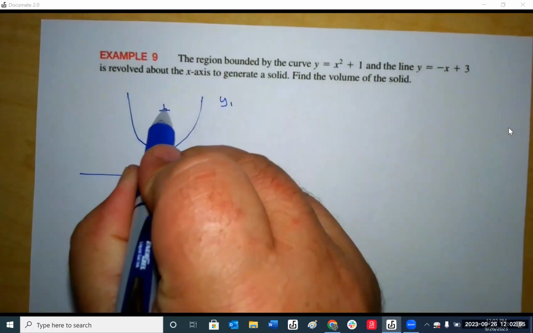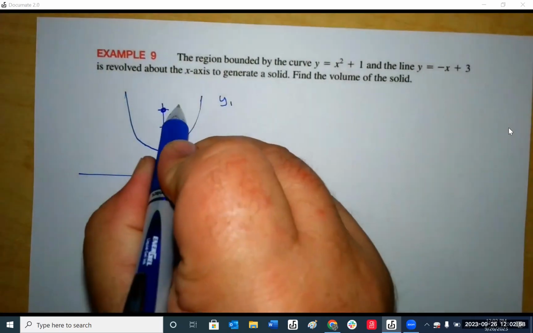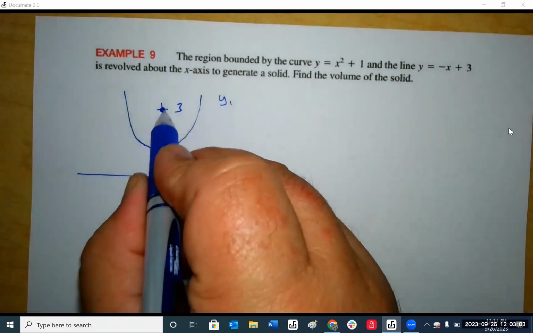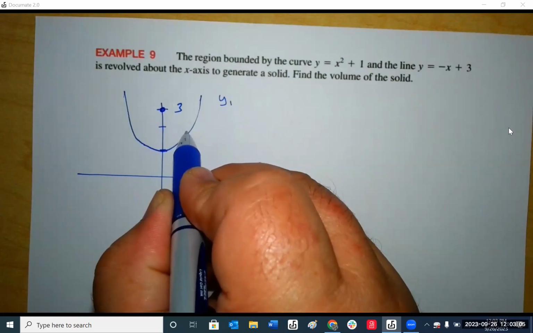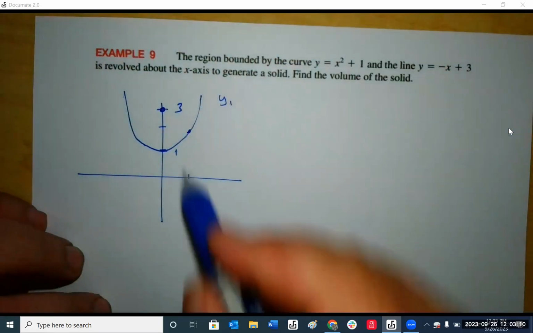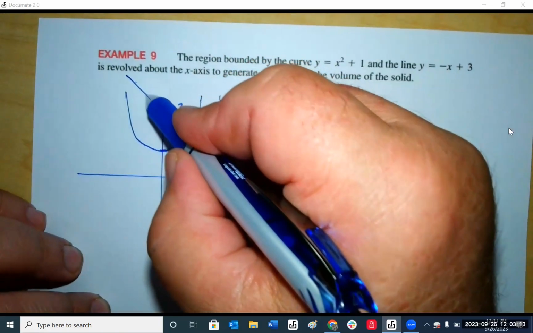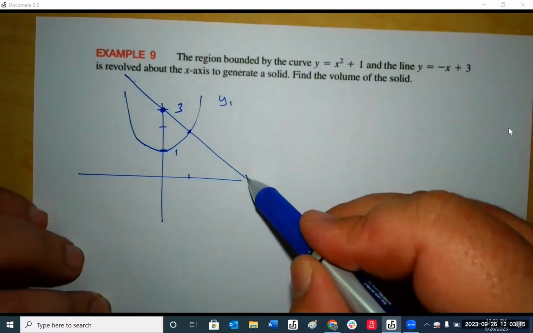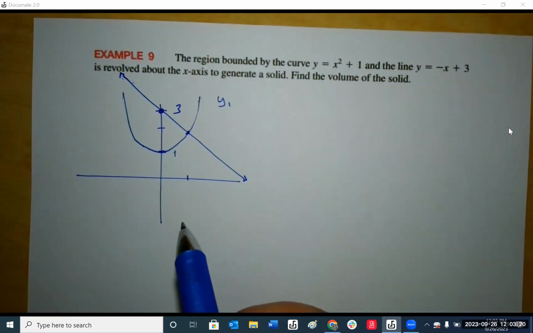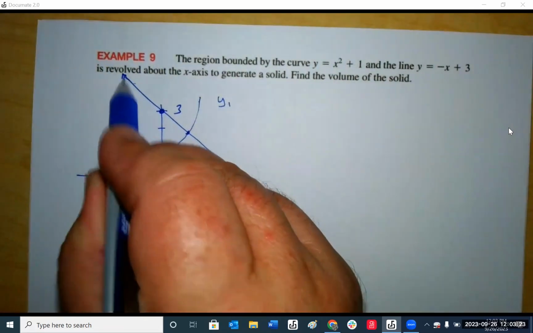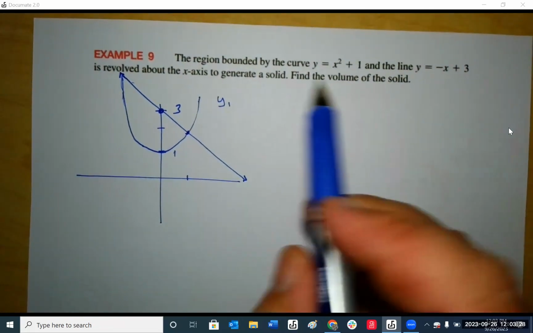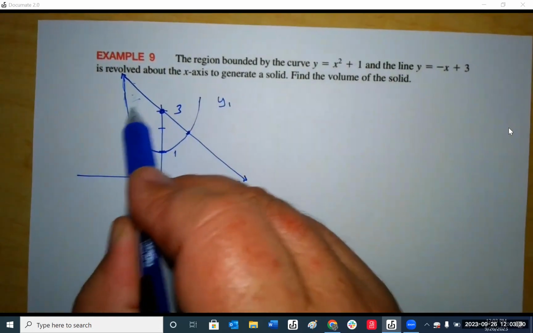So we have a y-intercept at 3 and down 1 over 1. So bound by the curve, we want this area here.